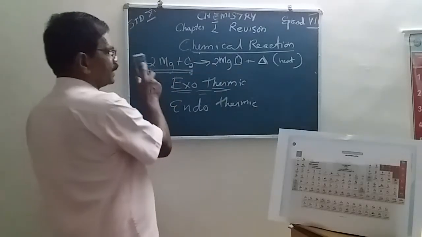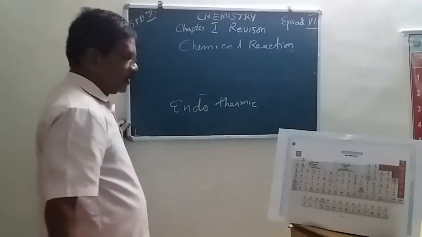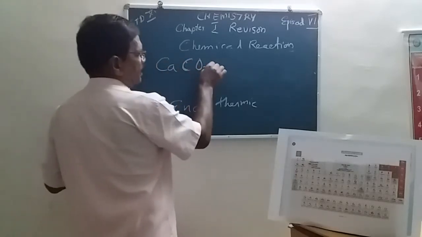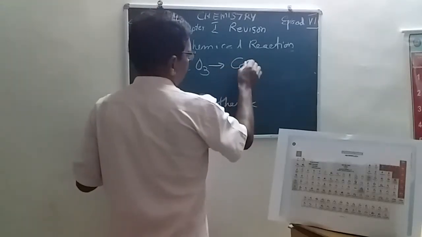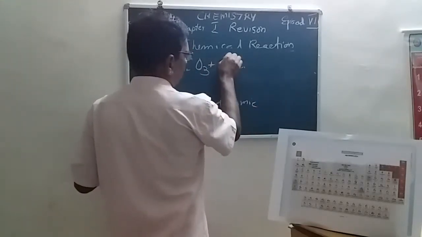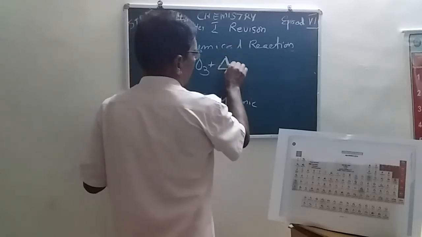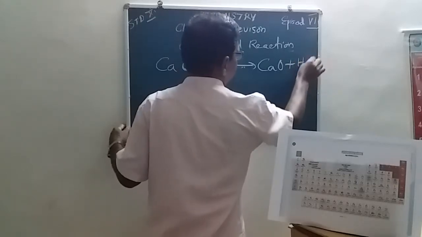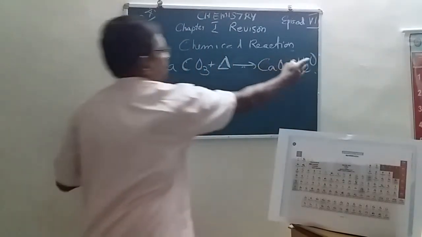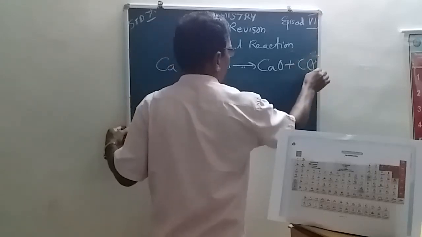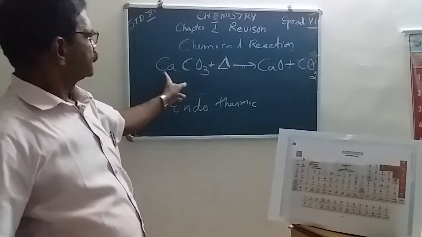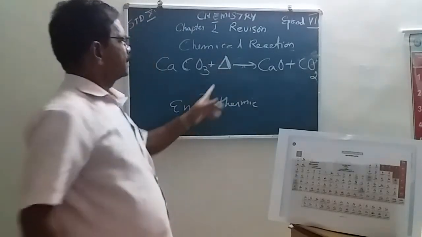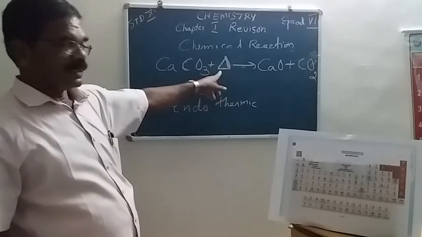Then we can see the other type, endothermic reactions. CaCO3 gives CaO plus CO2. What does this symbol denote? This symbol denotes heat.